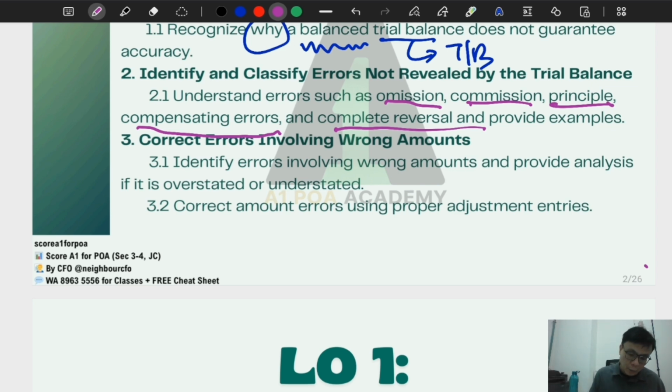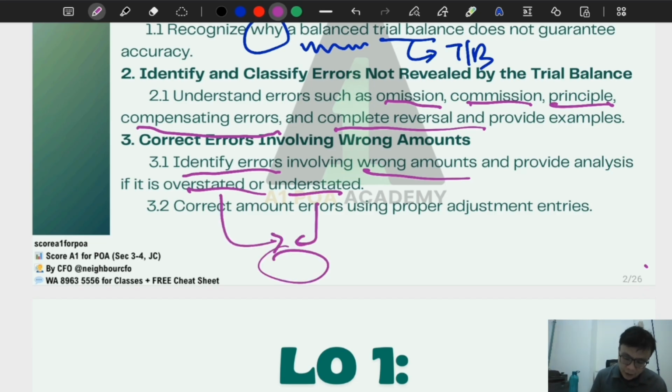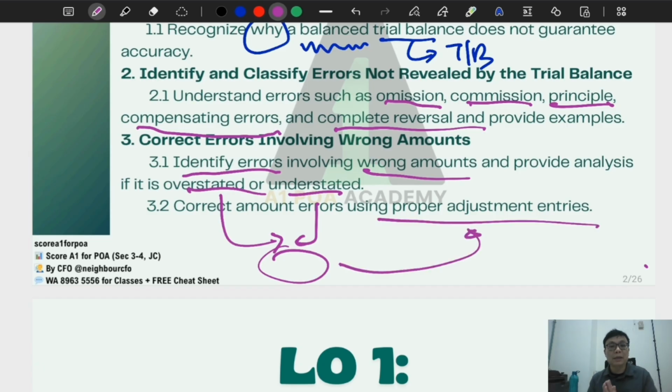We have 3.1, step number 1, identifying errors involving the wrong amount and quantifying whether it is overstated by how much or understated by how much. After you quantify accordingly, this is where you will be able to pass the proper adjustment entry, with the end outcome of correcting the error.